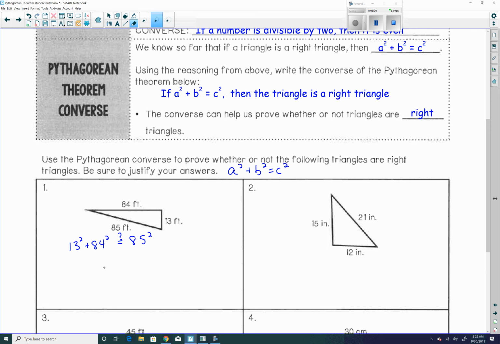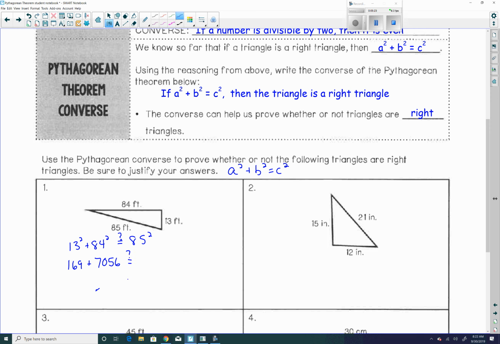So I'm going to grab a calculator right now, figure out what the left side of this equation equals. So 13 squared we can get off of our chart, or we should have memorized it by now, and that's going to be 169. 84 squared, using my calculator, is 7,056.